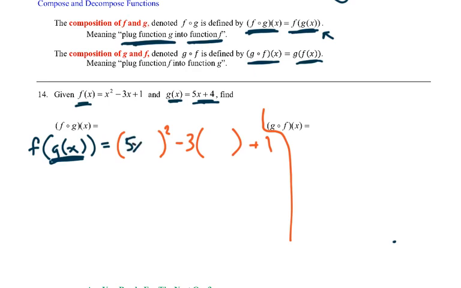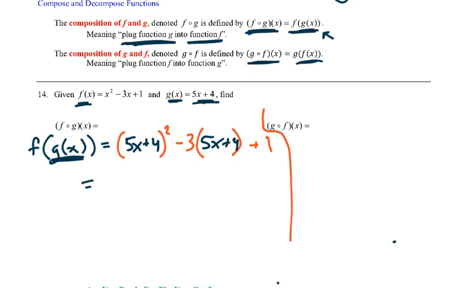So I'm going to do 5x plus 4, 5x plus 4. And then I evaluate this, simplifying it all as far down as I can. So I'm going to have to square my binomial, distribute the negative 3, and then combine all my like terms.